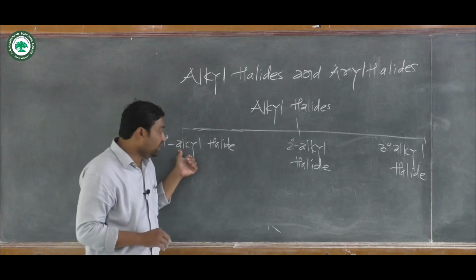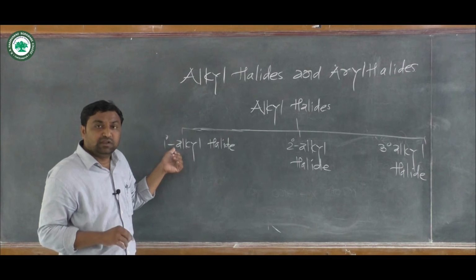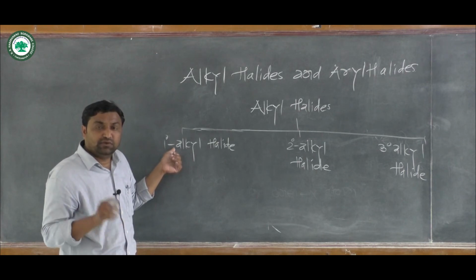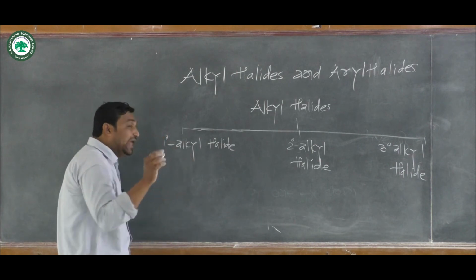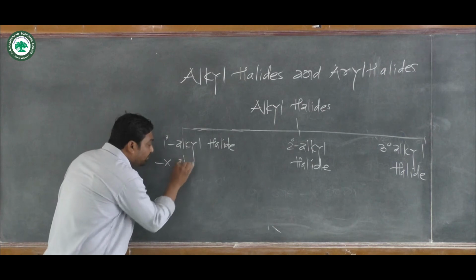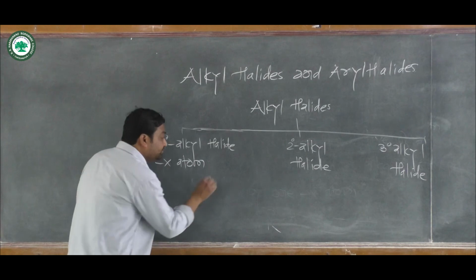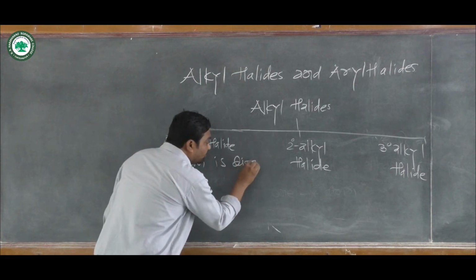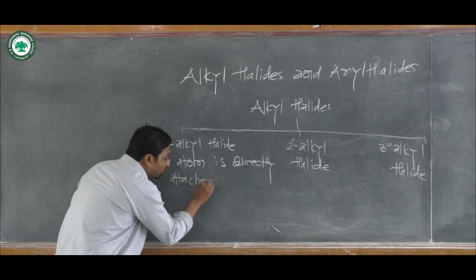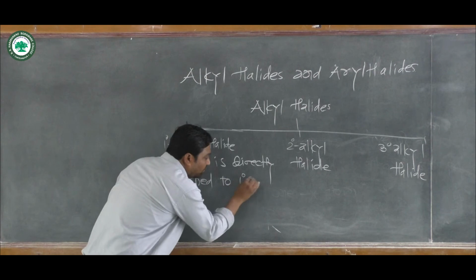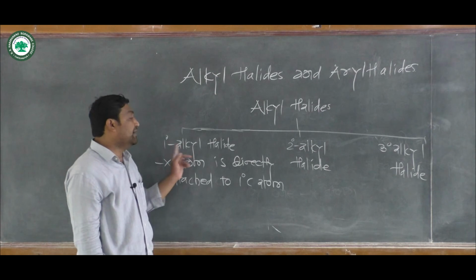If a primary carbon atom is directly attached with a halogen atom, or we may say that if a halogen atom is directly attached to primary carbon atom, then that alkyl halide is called as primary alkyl halide.